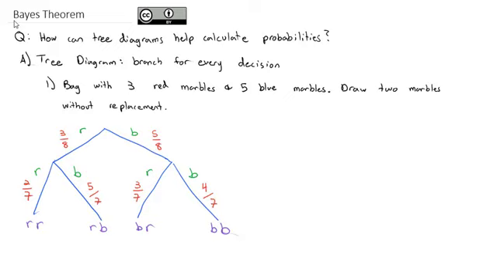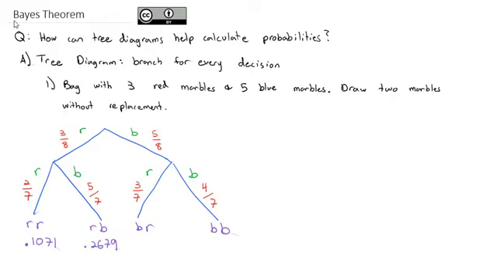We can quickly calculate the probability of any one of these outcomes by multiplying down the branch, because really it's an "and" probability, red and red. So we'll do 3/8 times 2/7. And let's go ahead and make it a decimal. 0.1071 is the probability of getting 2 reds. 3/8 times 5/7 gives us 0.2679, the probability of red then blue.